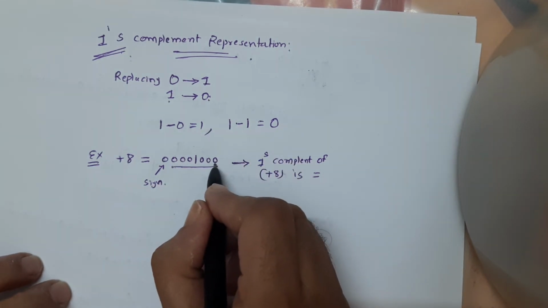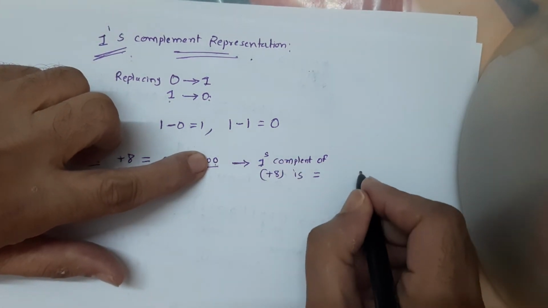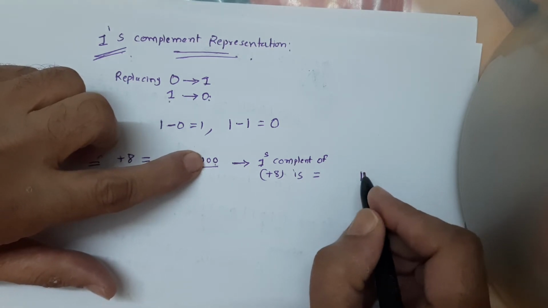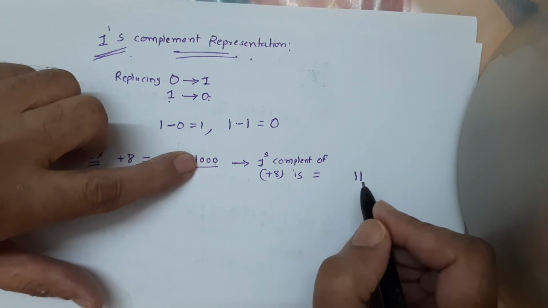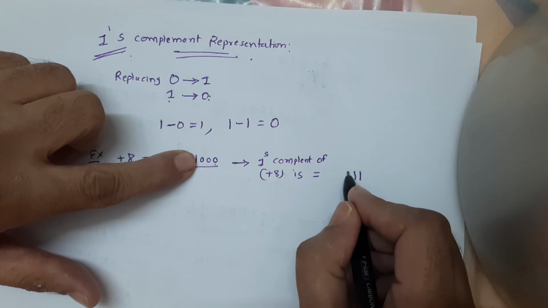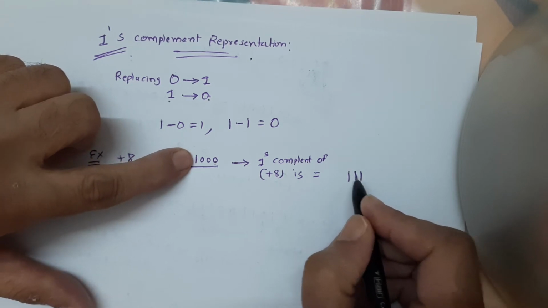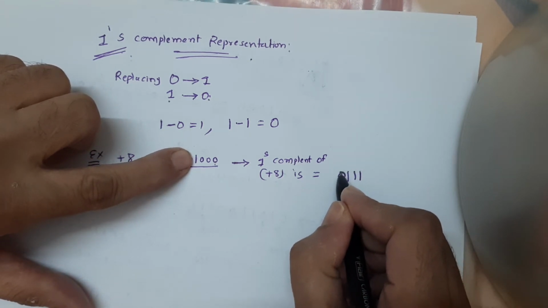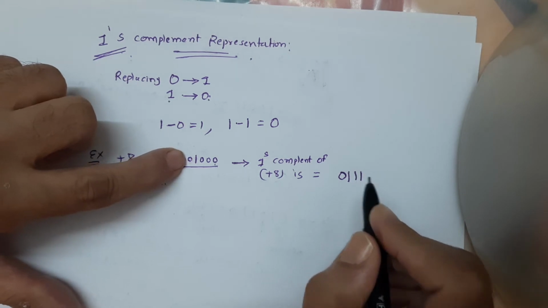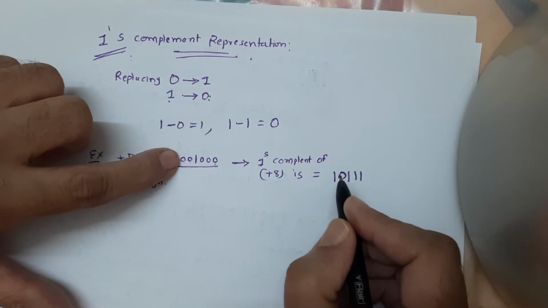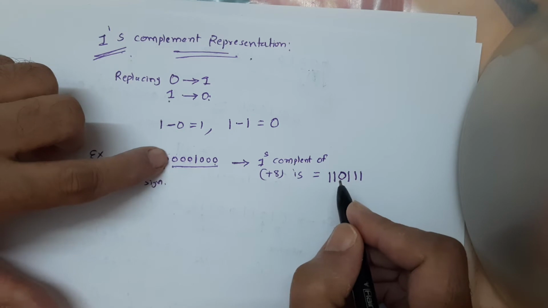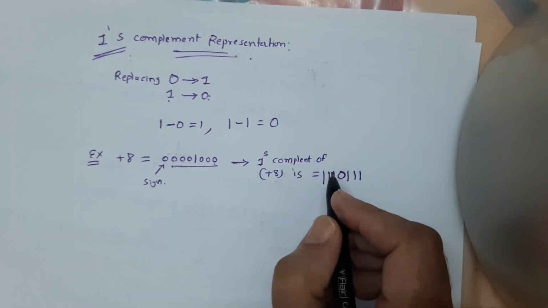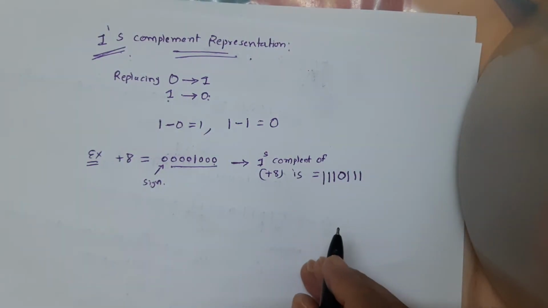So if this is your 0, we write down 1, this is your 0, we write down 1, this is your 0, we write down 1, this is your 1, so we write down 0. Again this is your 0, that means 1, 0, that means 1, and 0, that means 1. So this is your ones complement of plus 8.